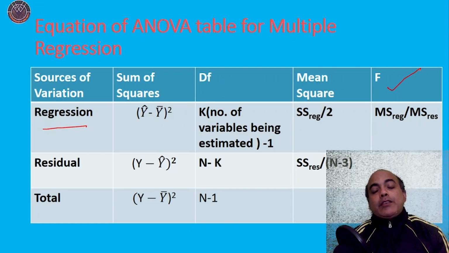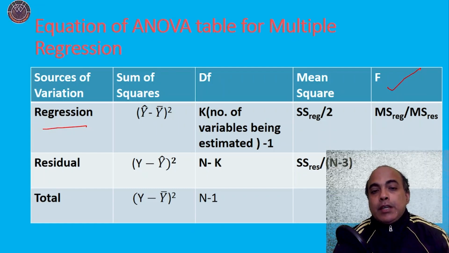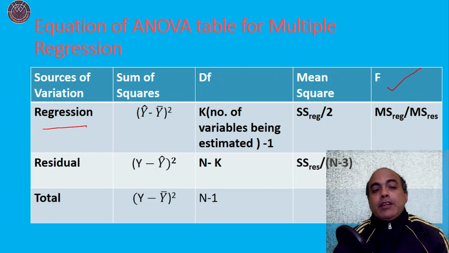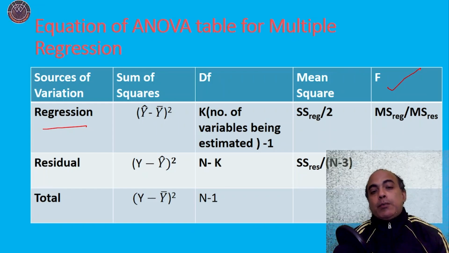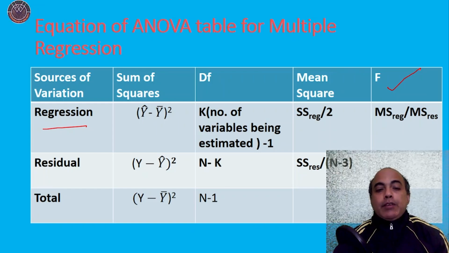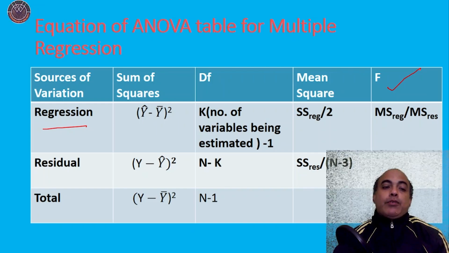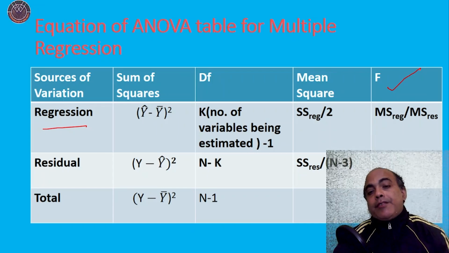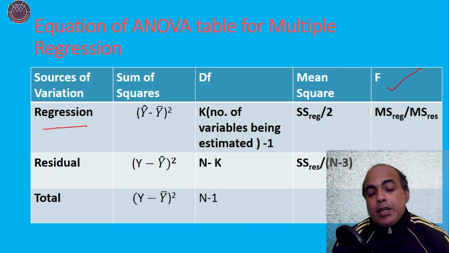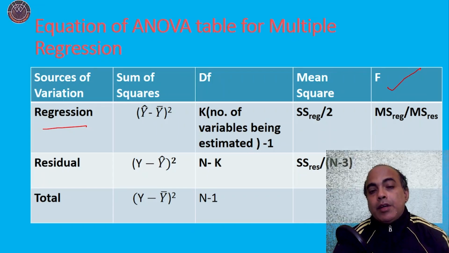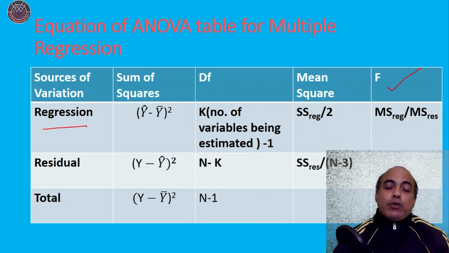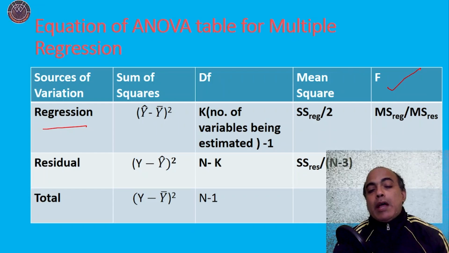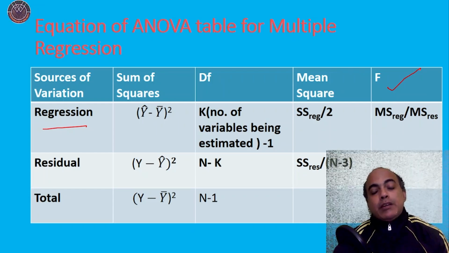And the total is the addition of the degrees of freedom of regression and residual, so 2 plus 5, that is 7. In another way, the total is equal to n minus 1, so 8 minus 1, that is 7.